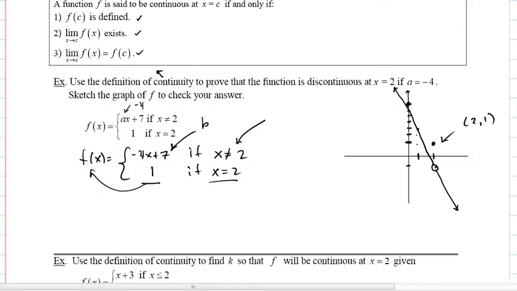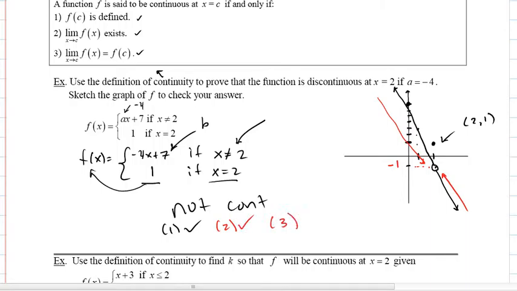Is the function continuous? No, not continuous. Which criteria does it fail? Well, the point is defined, so it passes the first condition. The limit does exist because the limit is that y value, which is, I'm sorry, negative 1. So it passes the second criteria.